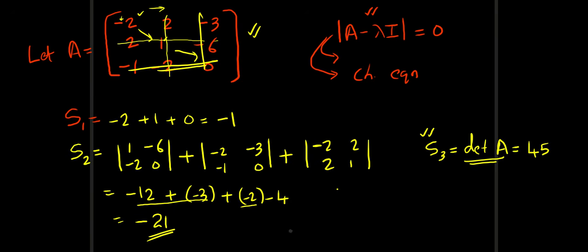So I'll do one thing. I'll note down the values of S1, S2, S3 in the next page. So S1 is equal to minus 1 and S2 is equal to minus 21 and S3, the determinant value, that was 45.